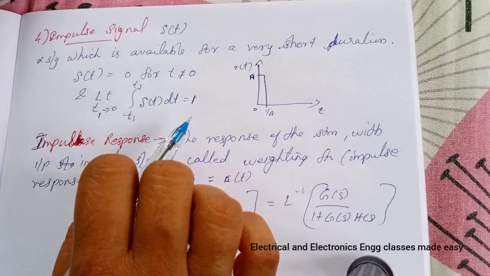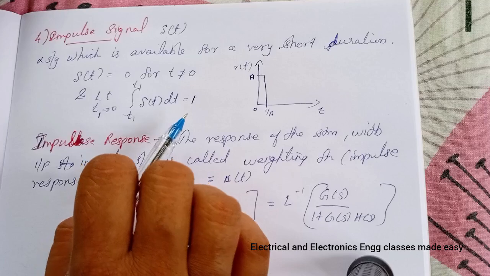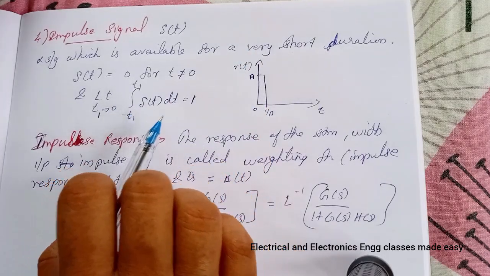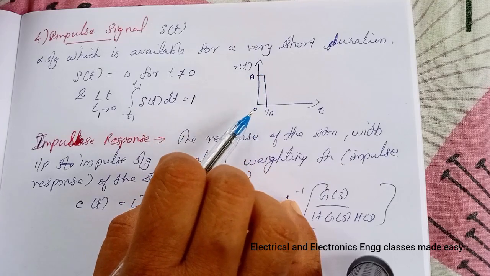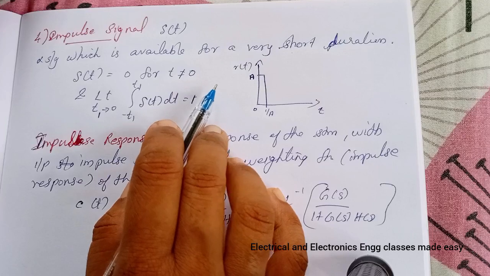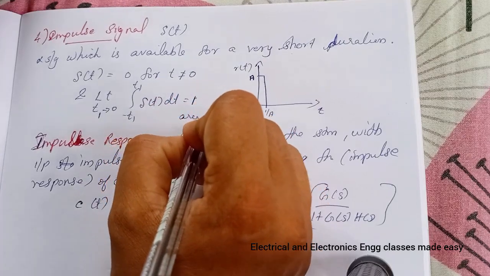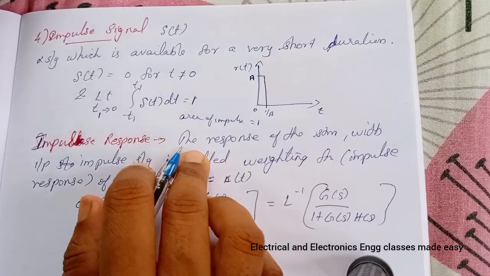Since a perfect impulse cannot be achieved in practice, it is usually approximated by a pulse of small width but unit area. So, the area of impulse signal is equal to 1.